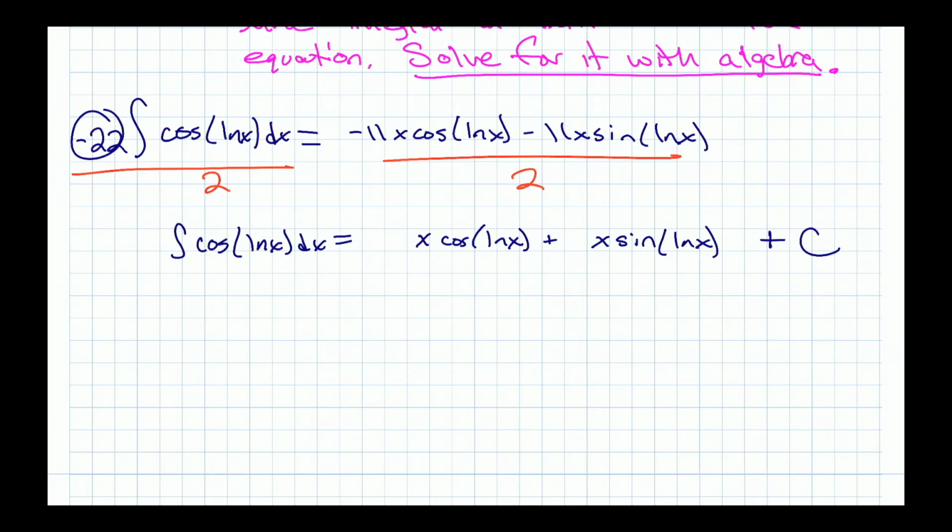In which case, I'm going to end up with the negative 11 there, and then this will be negative 11 over 2 and negative 11 over 2. All right. So I solved for the integral without the 11, but I was supposed to have the 11 there. Okay, so that's something.